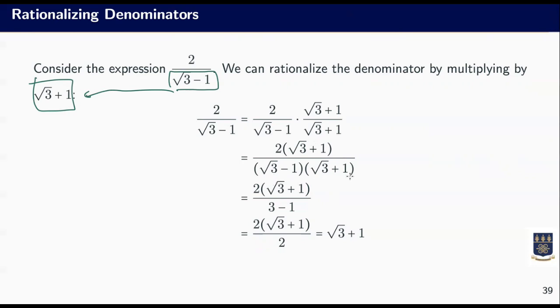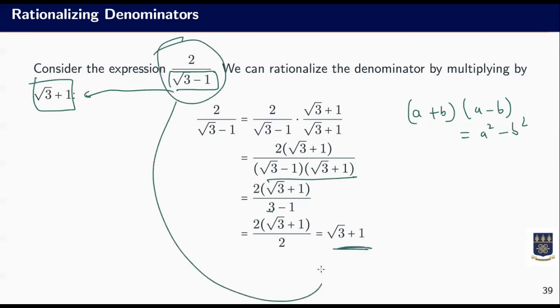So down here, we use the fact that a plus b times its conjugate a minus b is a squared minus b squared. So this will give me root of 3 squared, which is 3, minus 1 squared, which is 1. And then we simplify the top and we end up getting this. And you can plug this in your calculator and see that this expression is precisely this one.